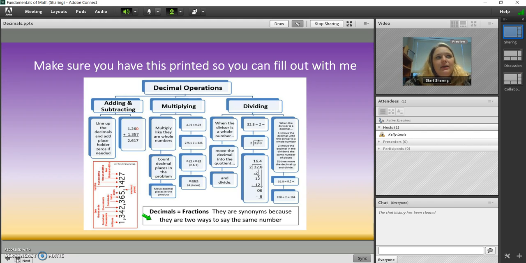For example, if you said I'm going to a 50% off sale, or I'm going to a 1/2 sale, people understand that more than if you said I'm going to go to a 0.5 sale. Even though the decimal and the fraction and percents are all the same number, they just lend themselves to different situations.